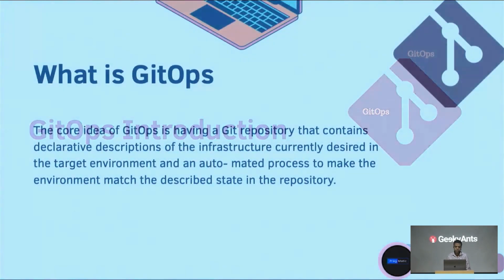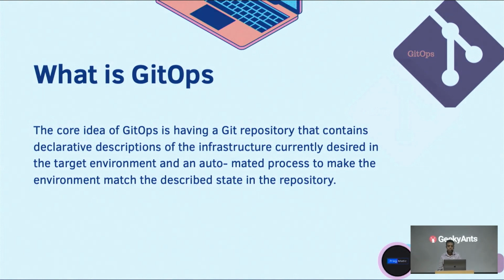To start with, one of the questions that most people have is, what is GitOps? At the core, GitOps is bringing the modern development practices such as DevOps and CI/CD into the infrastructure management, or the building of infrastructure.